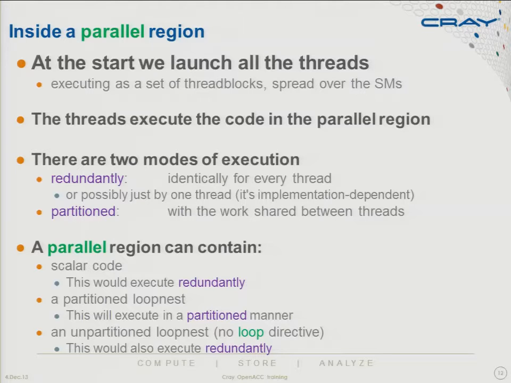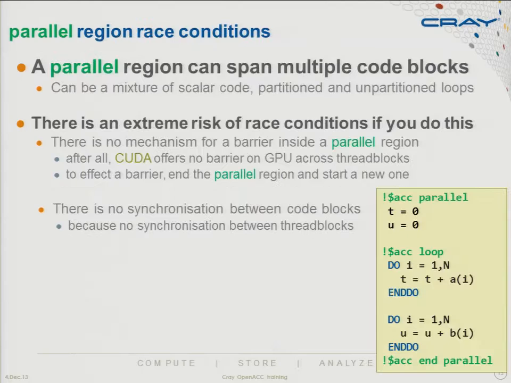So if you just put a parallel directive, you can either put it around scalar code, and this would just be scalar code that executes on the GPU as scalar code. If you put a parallel region around a loop nest, but didn't put any loop directive, every thread would do every iteration of the loop nest, which is probably not what you want. It's only when you put the loop directive in that you spread the work out. You have this partitioned mode of execution.